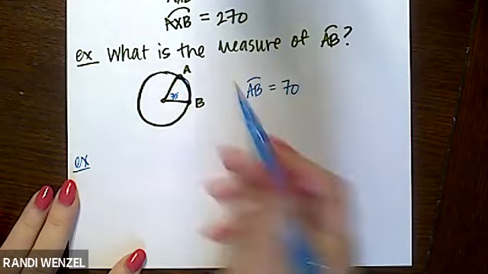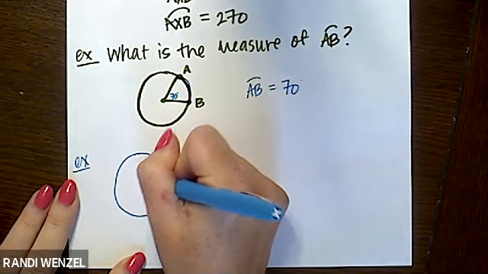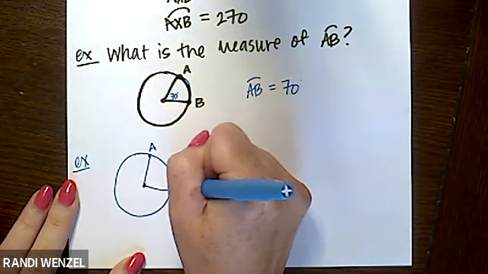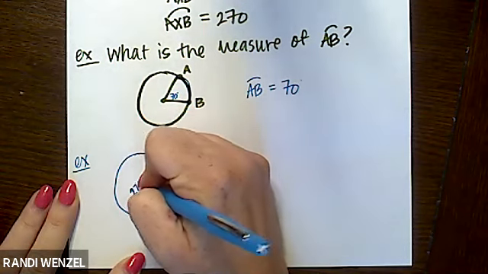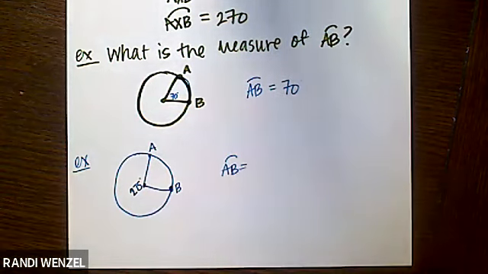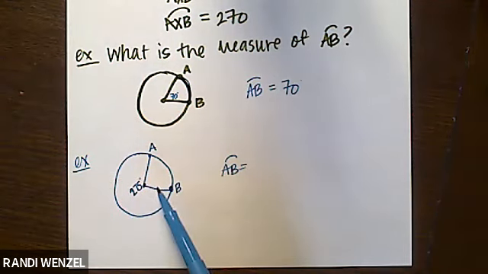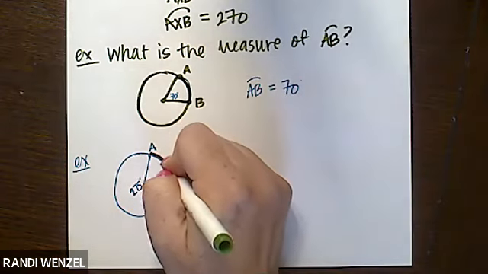So same directions, find the measure of arc AB, just a new diagram. So in this picture, you're given this angle, not this angle. But we still are trying to find the measure of arc AB. So you're still trying to find this.